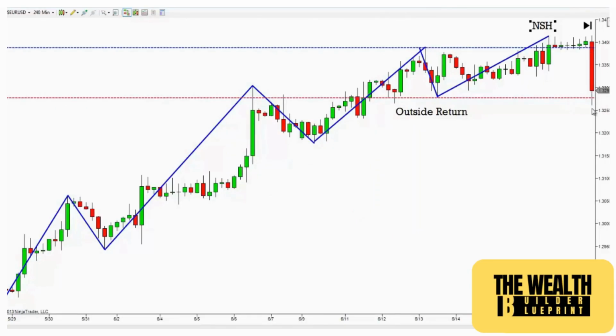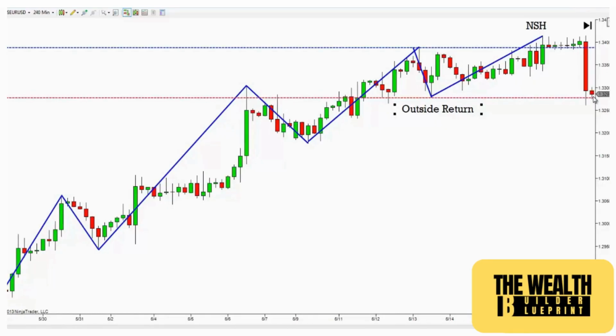Now this candle spikes and gets below our previous outside return, but remember, it has to create a lower low and a lower close for us to consider this a break in structure. So we're still in a bullish trend at this moment when we see this red candle. And if we click forward one candle ahead, we're still in a bullish trend. Our outside return is still valid.